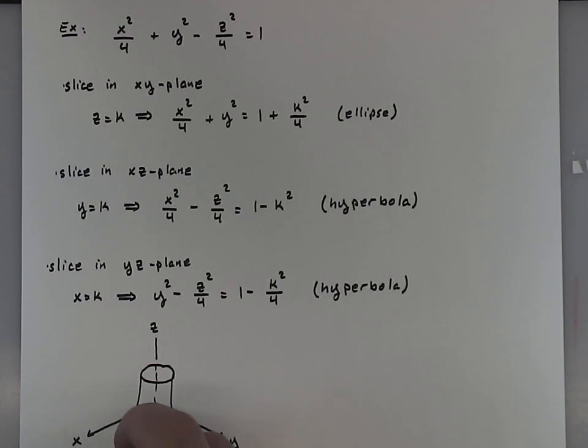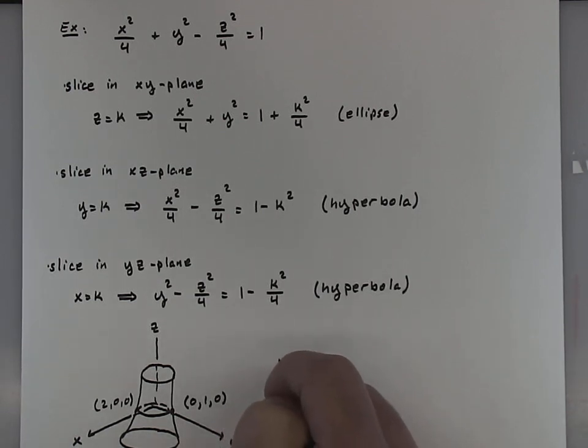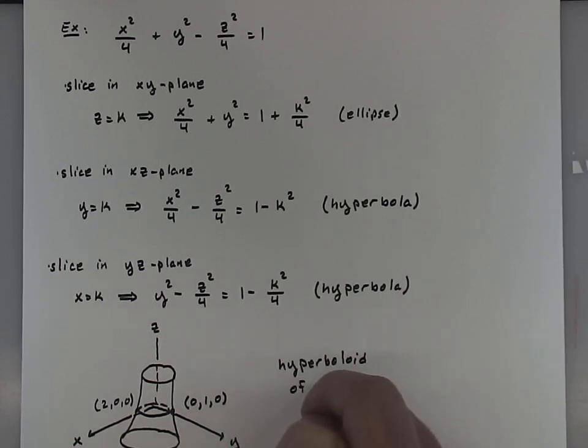Here's my ellipse, and then these are the hyperbolas. So this point is 0, 1, 0, and this point is 2, 0, 0. This is called a hyperboloid of one sheet.